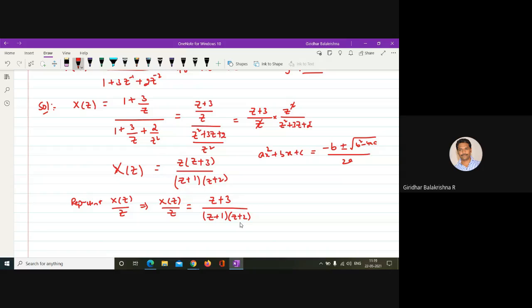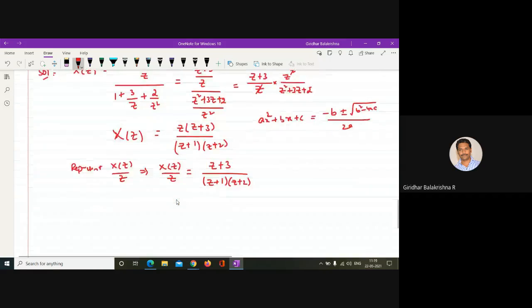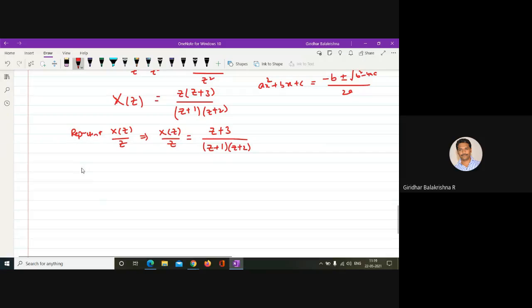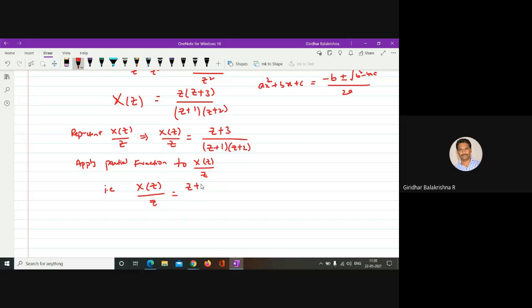Now after representing X of z by z, what do we need to do? We need to apply partial fractions to X of z by z, which is equal to z plus 3 by z plus 1 into z plus 2.